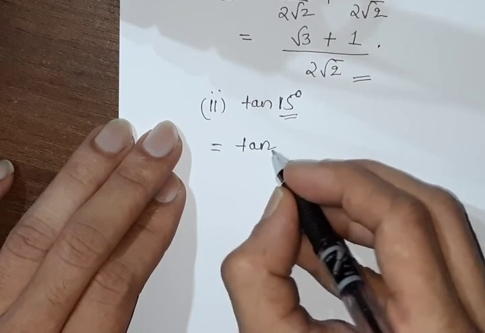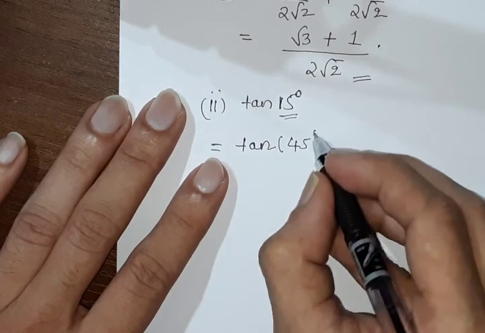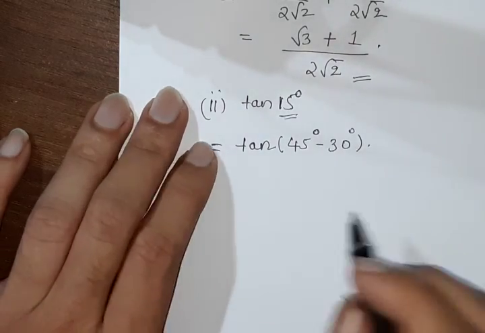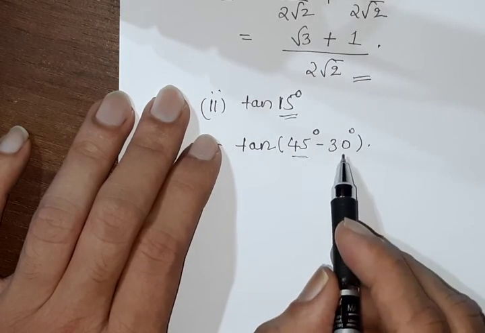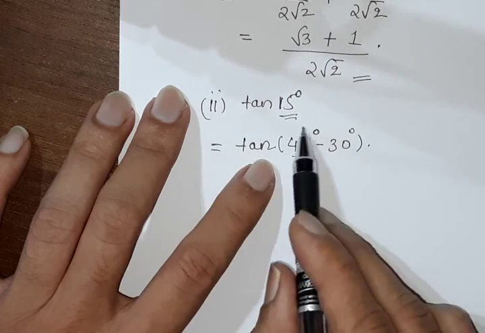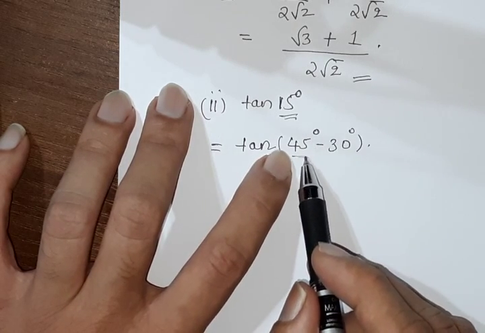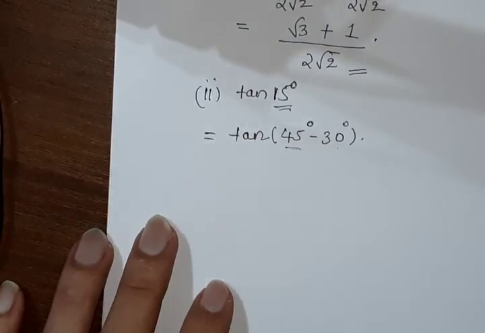So tan of 15 degrees we can write as 45 degrees minus 30 degrees, because first of all 45 minus 30 is 15, and also you know the values of tan 45 and tan 30, right?